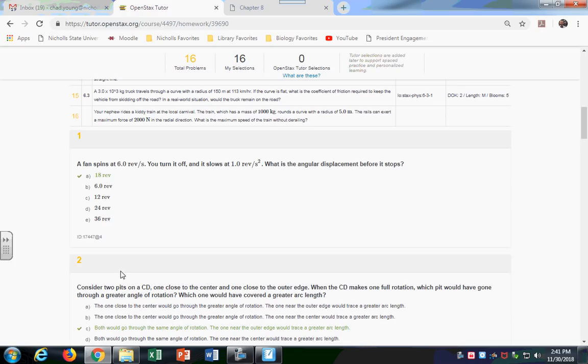OpenStax, I like it, but I know that a lot of the answers are online, and so y'all don't get a whole lot out of it if you just get the answer online. And it actually gives the explanation about why you did it wrong. I can never find it online. I wish it would tell us if we got it wrong and explain how, like it did for math. Kind of like for peers. Yeah, they're working on that.